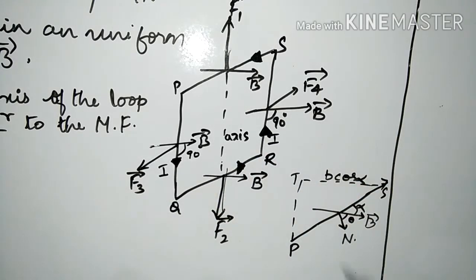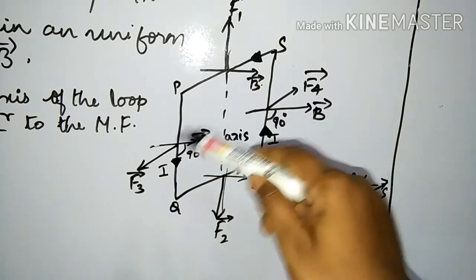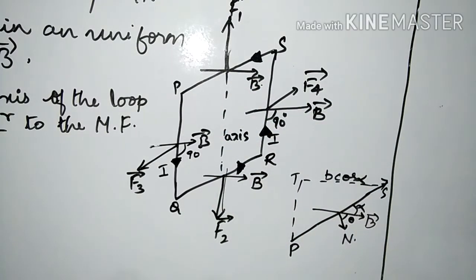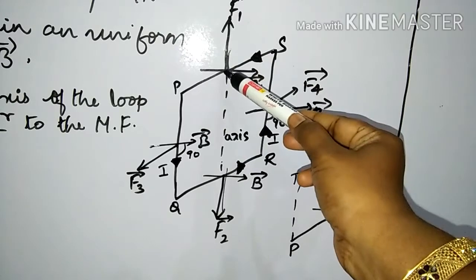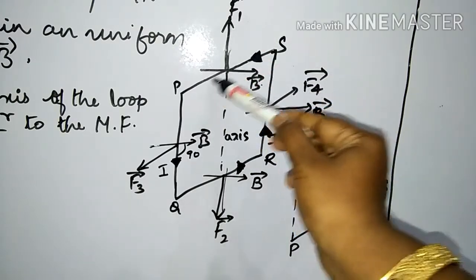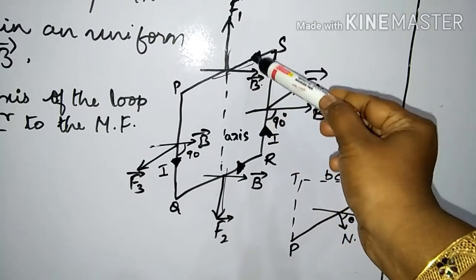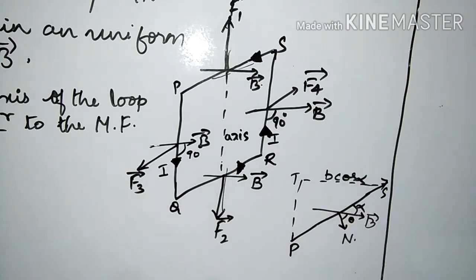B is the magnetic field which acts tangent to the loop. The current, the magnetic field and the force are all perpendicular to each other.